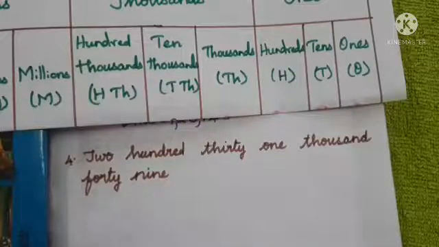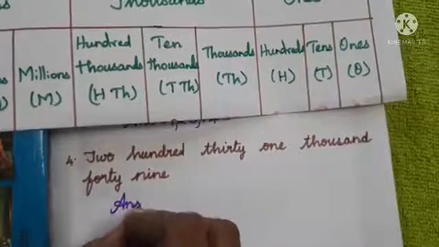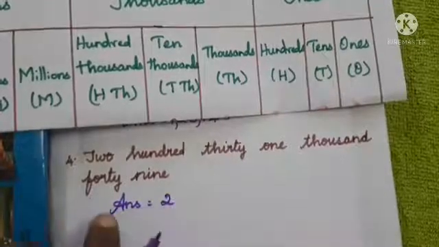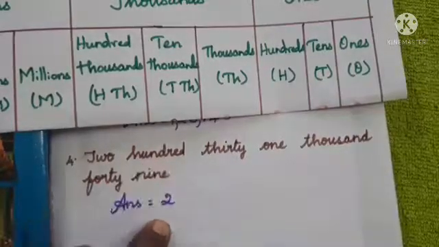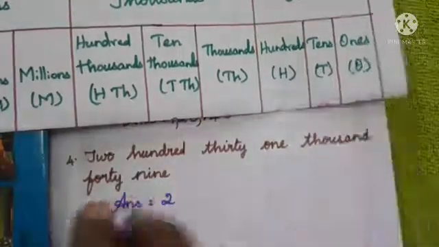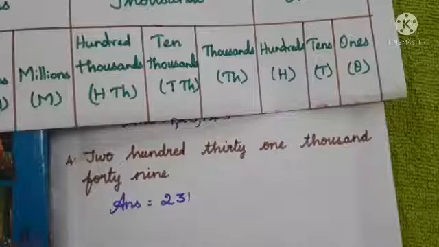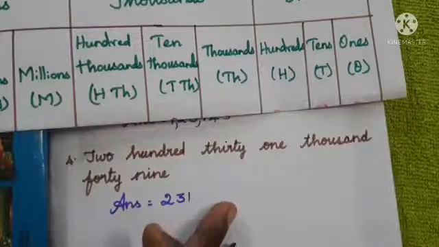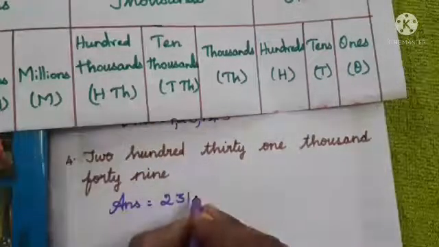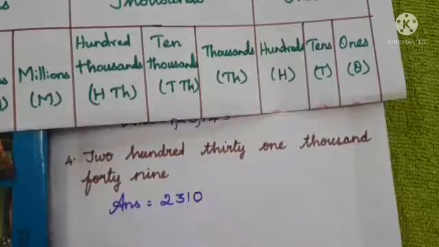So first we write the numbers, that is 200, then 31,000. Next, do we have hundreds? No, isn't it? So we have to write 0 for that hundreds place. If the place value is not given, we have to place 0.